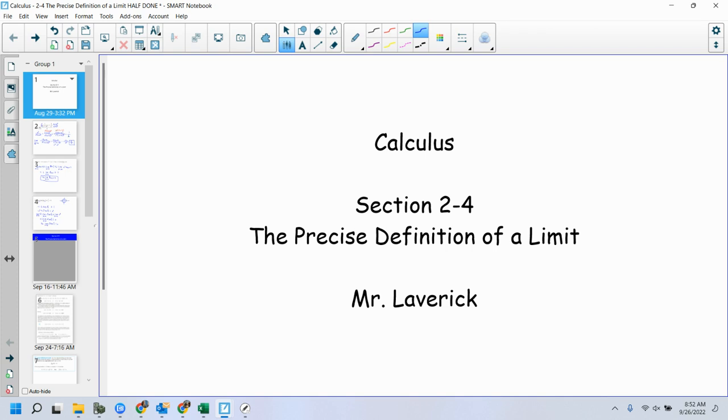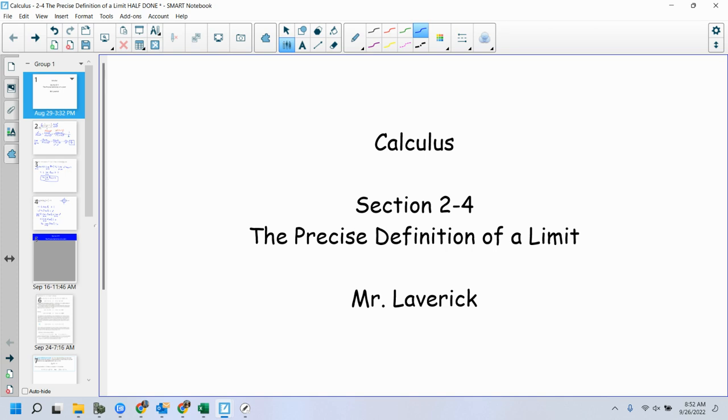But then we did section 2.3, and we said, okay, are there algebraic ways around it? Are there algebraic ways to solve what the limit is actually going to be? And that's when we learned direct substitution, our good friend, and the ability to add, subtract, multiply, and divide all of these functions and their limits, and apply the limits to them that way.